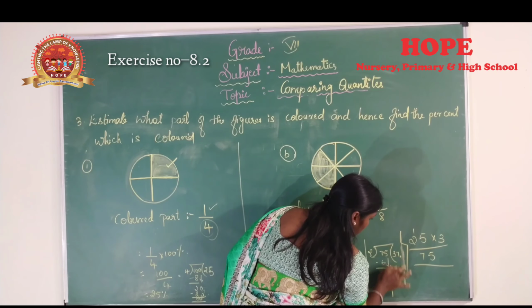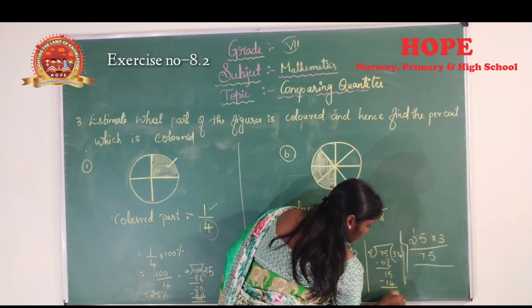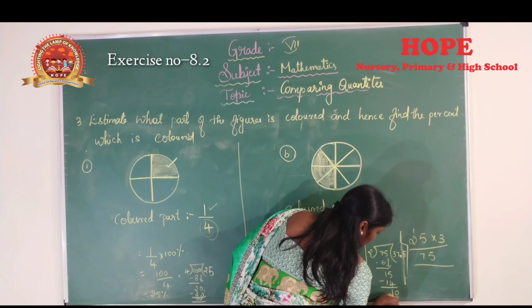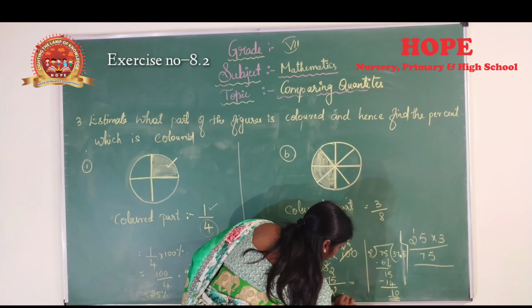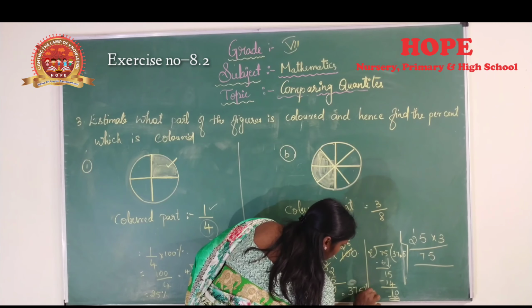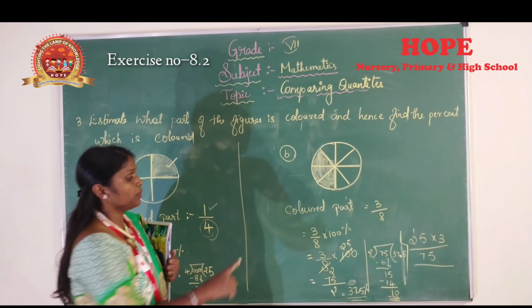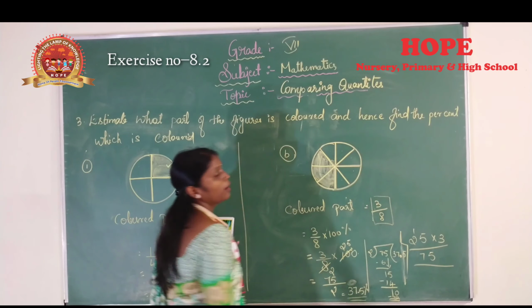Since we place a decimal, we are eligible of taking 1 0. So 2 5s are 10. The answer will be 37.5%. This is the answer we get when we convert the 3 by 8 fraction into the percentage.